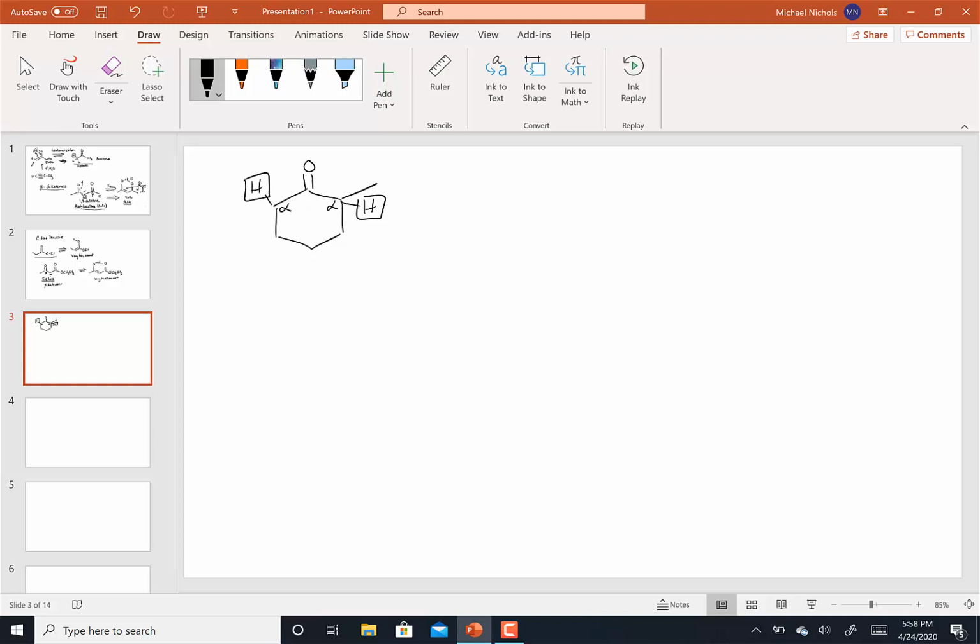So in this case, if we remove alpha hydrogen, I'm just so used to saying beta hydrogen with our E2 eliminations, if we were to remove alpha hydrogen A, so in other words, if we had a base come in and grab the alpha hydrogen A, we'll end up with a negative charge there. And if our base is to come in and remove, let's say, alpha hydrogen B, then we would have the negative charge there.